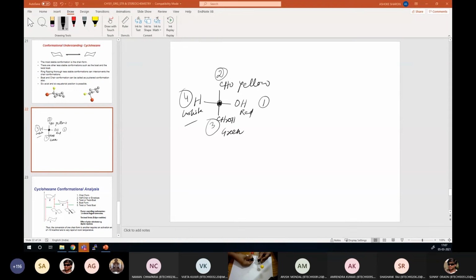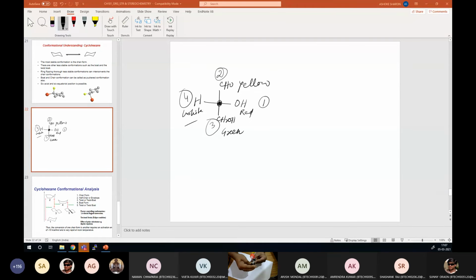Now what is the angle between 2 planes? No, this is 180. Just opposite, 180.